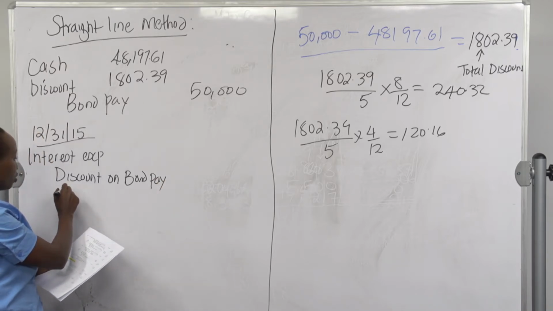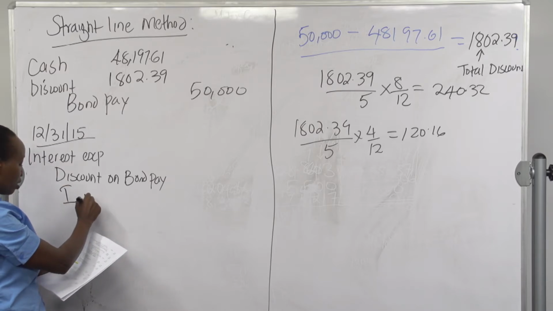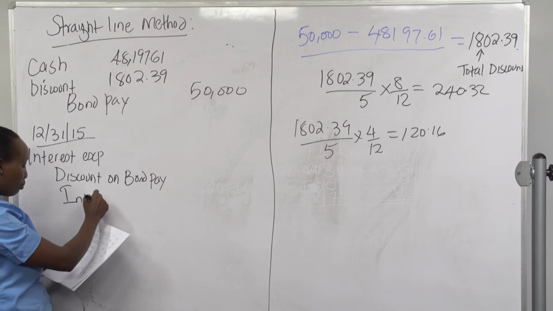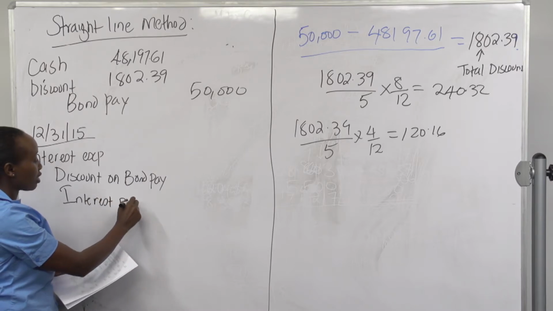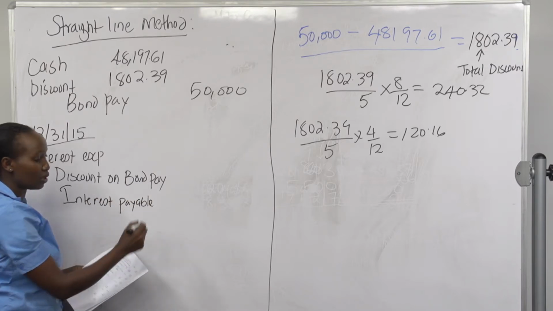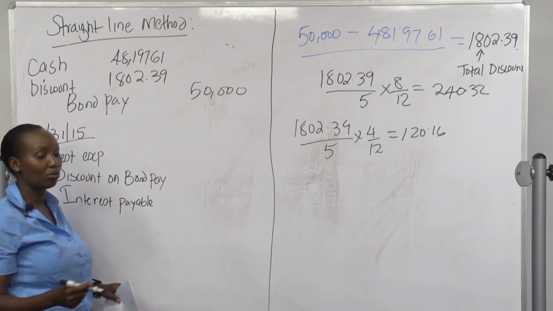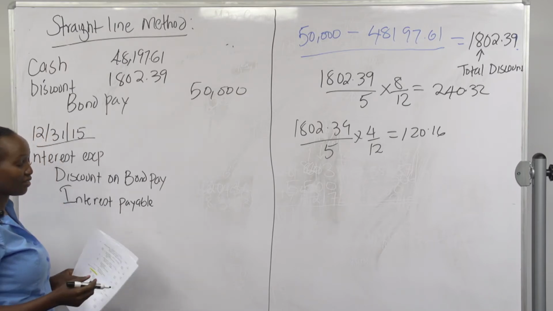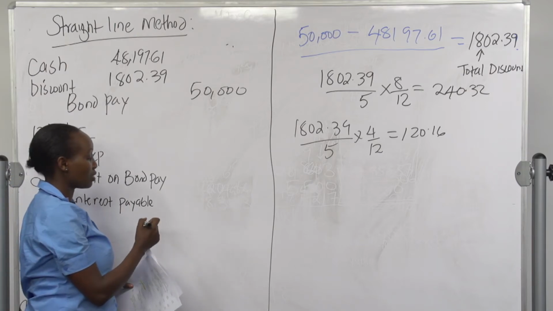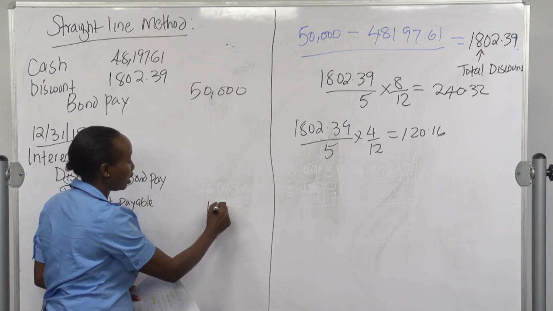And we're going to have interest payable, which, as previously shown, is 50,000 multiplied by the stated rate of 11% times 4 months out of 12.